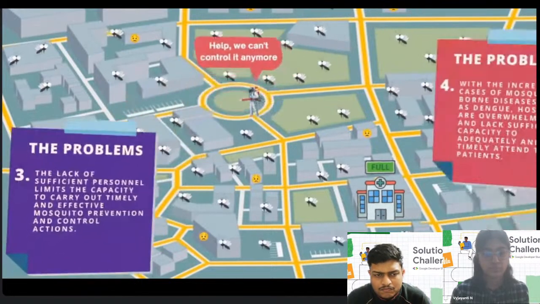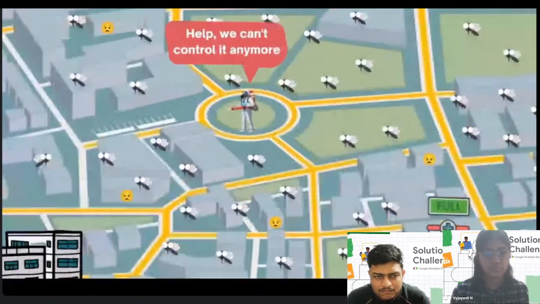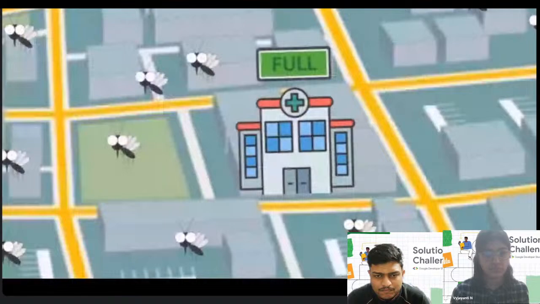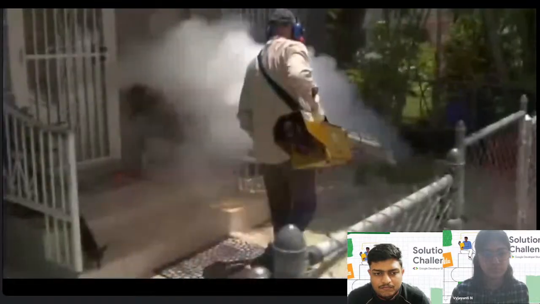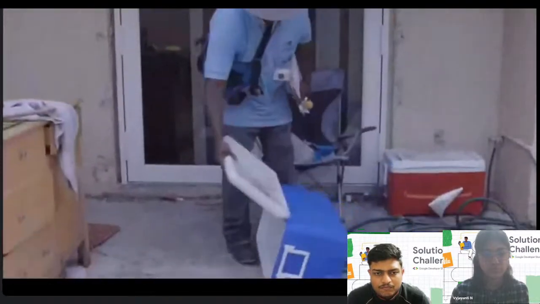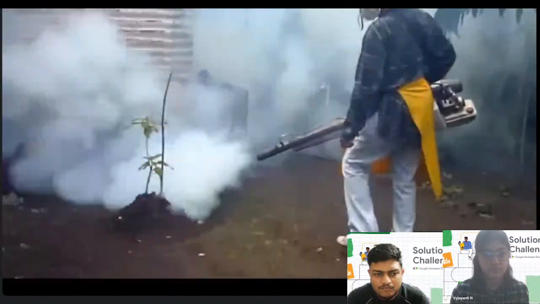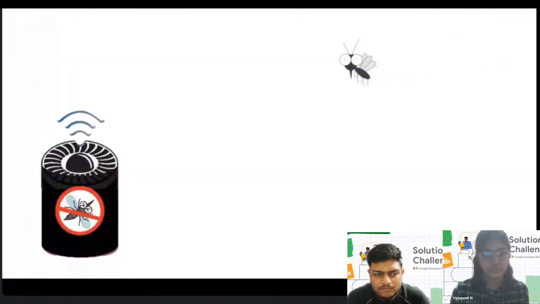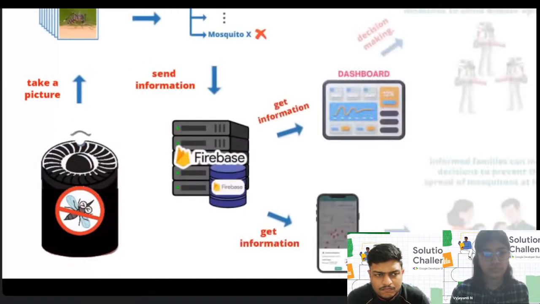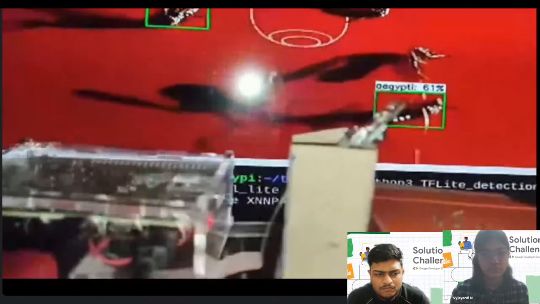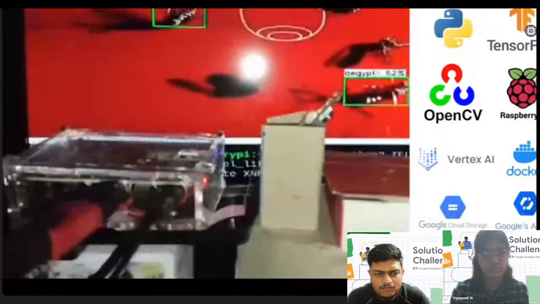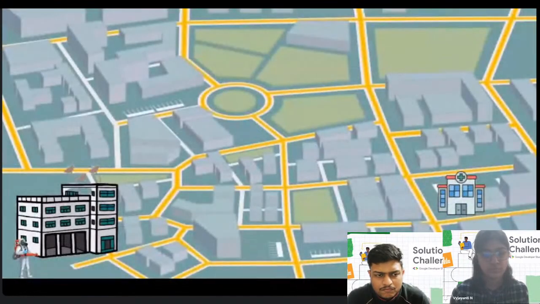The lack of resources and trained personnel has hindered the response to the increase in mosquitoes, worsening the situation and causing overcrowding in hospitals. We believe that this problem is due to a lack of information. However, we think that we can address it by utilizing advanced analytics to predict outbreaks and critical points in real time. This way, we can assist the government and health officials in optimizing priority actions such as fumigation, cleaning of breeding sites, and awareness campaigns to minimize the spread of mosquitoes in specific areas. We believe that with a fleet of low-cost devices utilizing deep learning and computer vision, we can scale and automate the continuous monitoring of mosquitoes. By the way, we have already built a prototype.